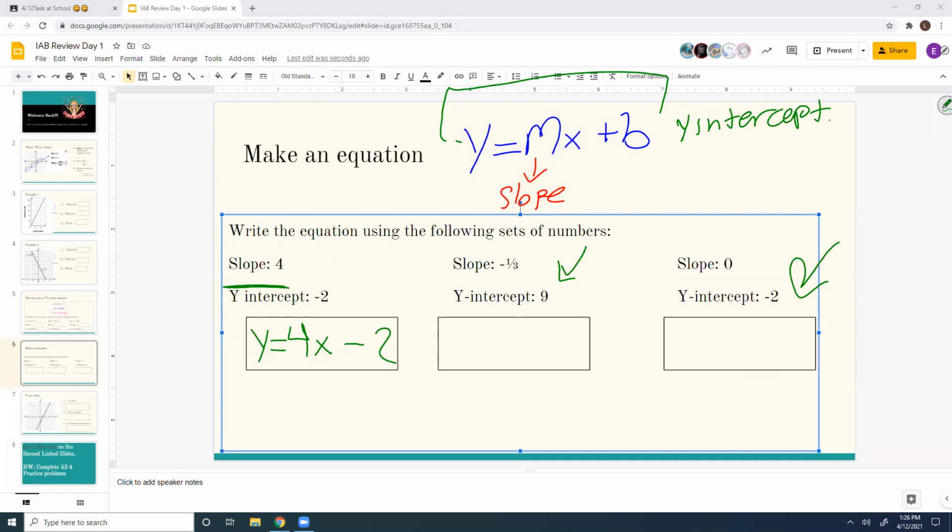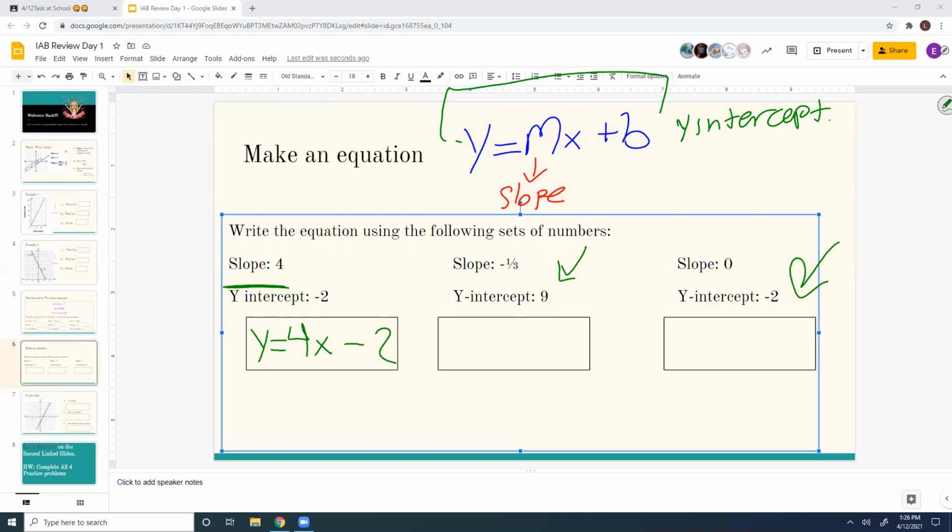You could do that, yeah. You can switch the order, as long as you keep the signs the same. Y equals mx plus b, right?